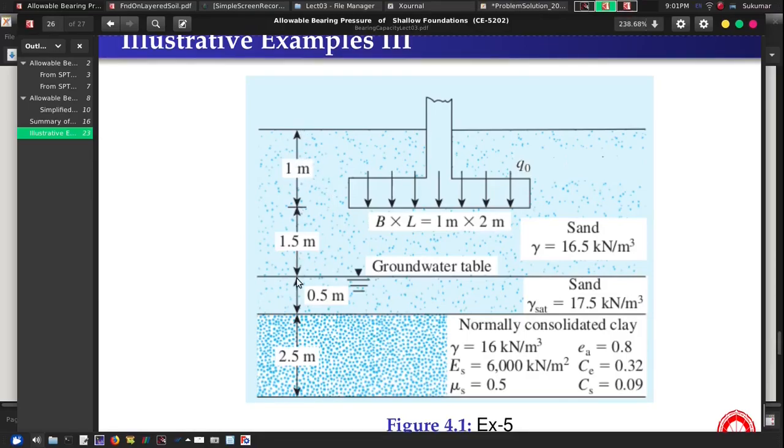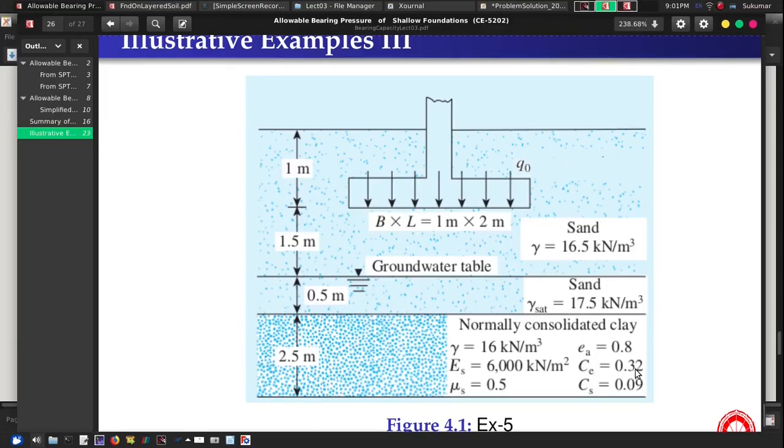Up to 2.5 meter we have 16.5 as the gamma, and for this portion, due to saturation, the same sand has a saturated density of 17.5 kilonewton per meter cube. And this is my clay layer, which is an NC clay having gamma equal to 16 kilonewton per meter cube, initial void ratio of 0.8 and Cc of 0.32.